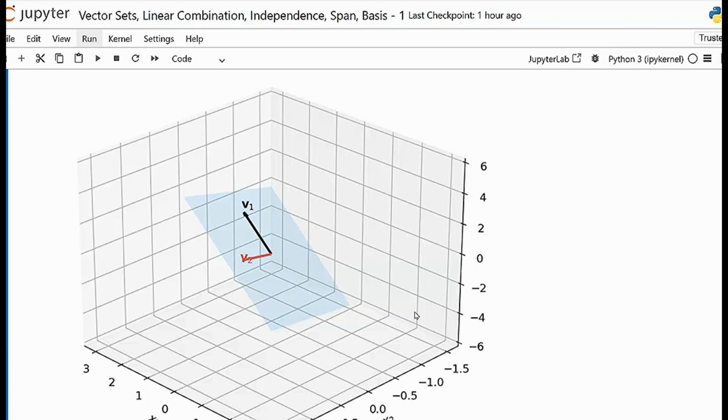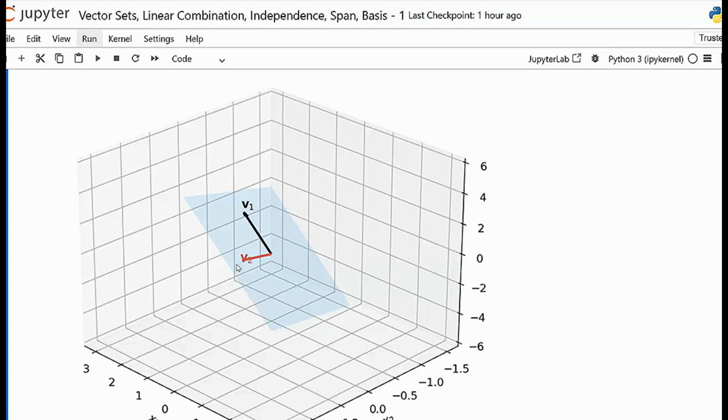So here the result is, of course, in two directions. Each independent vector adds a new direction. So two directions give a flat surface, which is a plane. And dear friends, with the data science interpretation, two independent features capture a 2D structure. Data may lie on a lower dimensional surface inside a higher dimension.